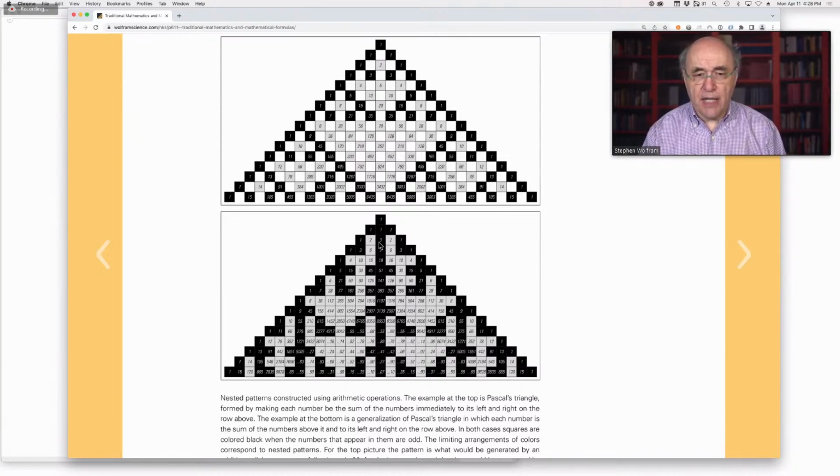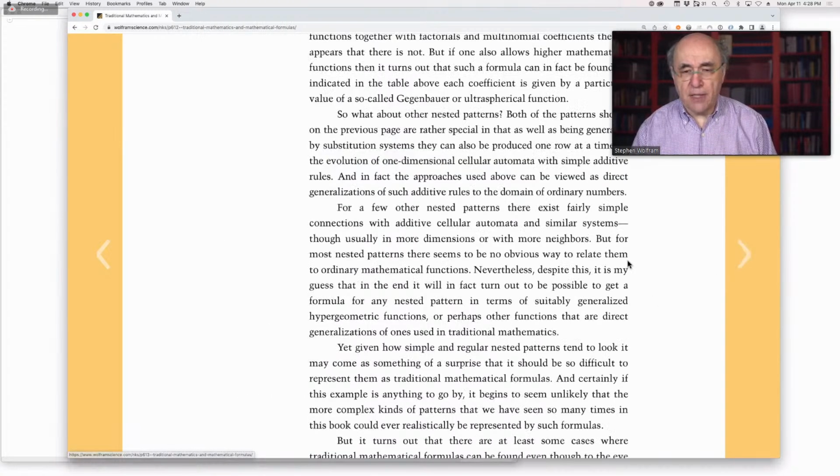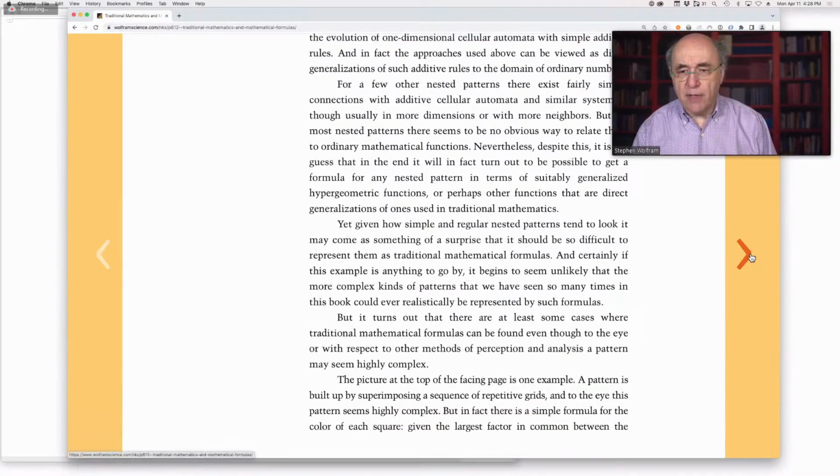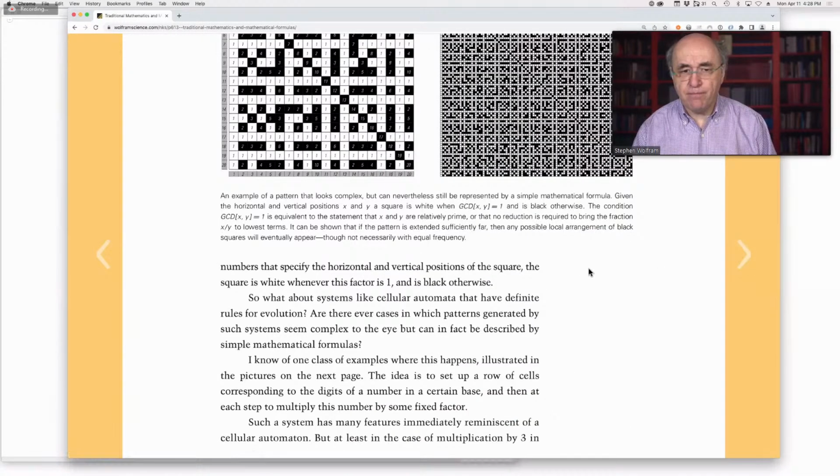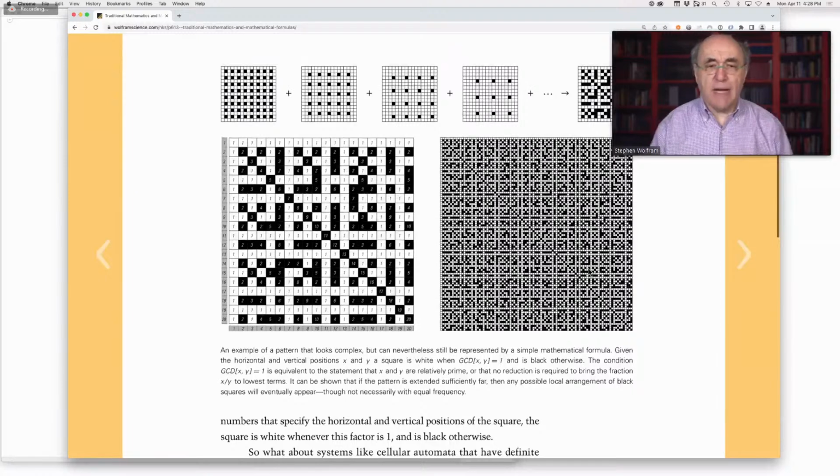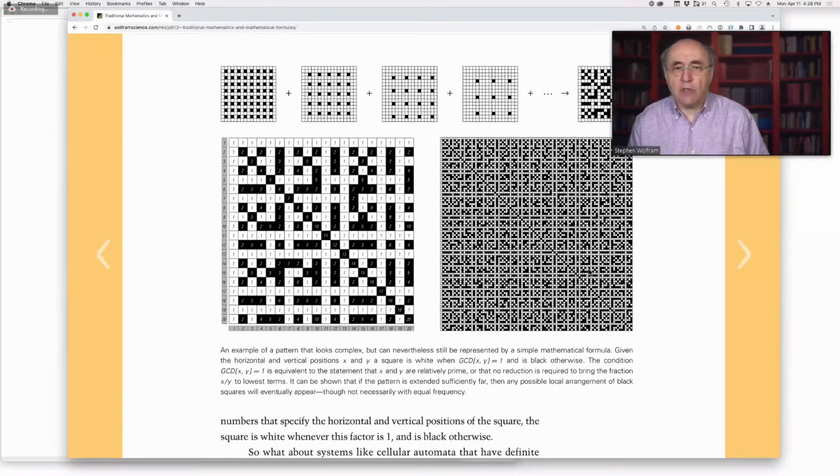Same thing is happening here, where you don't have quite Pascal's triangle, you have a trinomial coefficients pattern, where each particular number is the sum of the 3 numbers above it, rather than just the left and right neighbors. But again, these are cases where there is a mathematical way to work out the color of a particular cell.